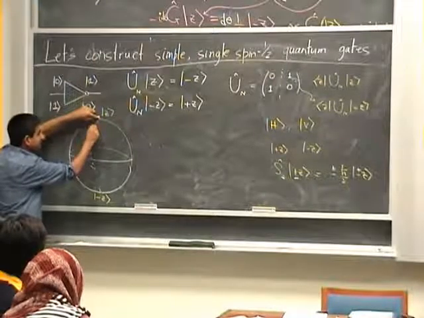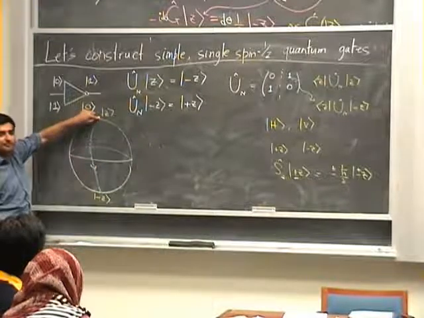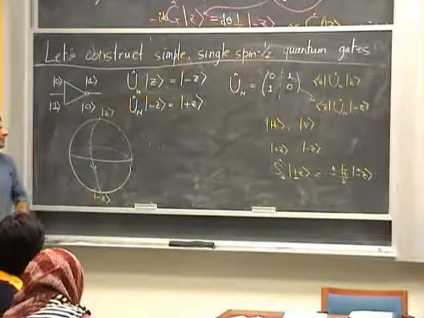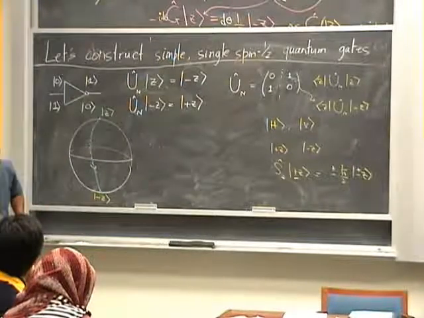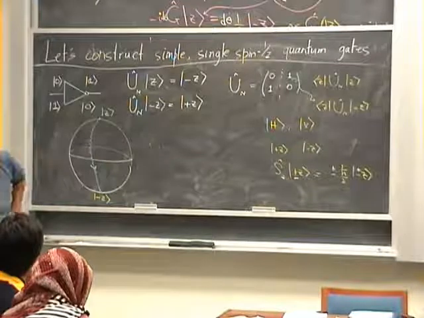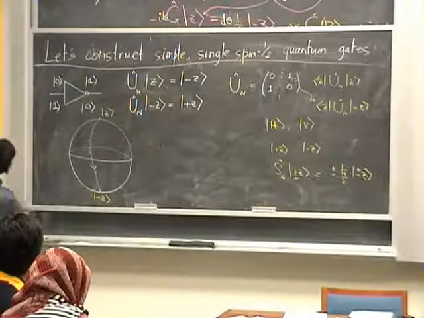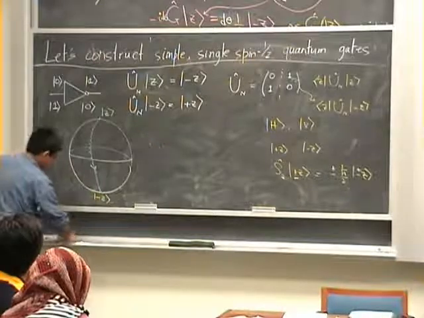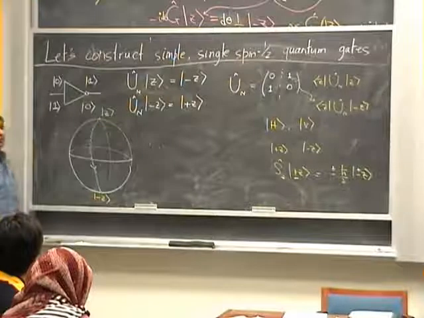The action of a NOT gate should be to start off with plus z and bring the state down to the south pole, to its orthogonal state. And if you have this initial state, it should bring it back up to the plus z state. This is what the quantum NOT gate should do.